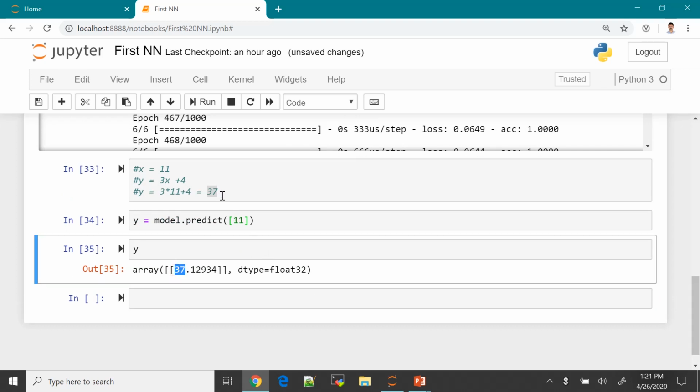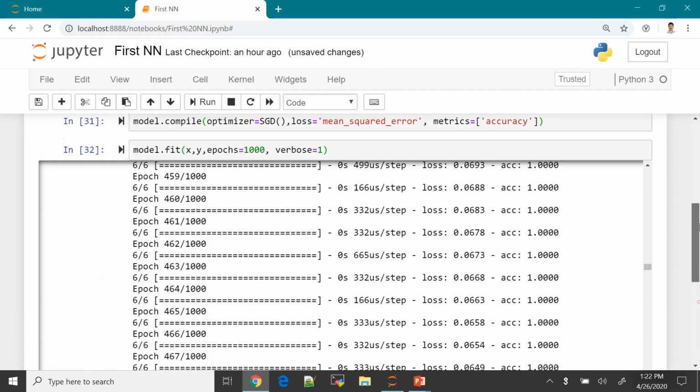In our theoretical calculation it is 37, and here we see 37 point some digits. You might be thinking, why is it not showing exactly 37 with 100% accuracy? There are many reasons and explanations for it. I'm not going to explain it right here.